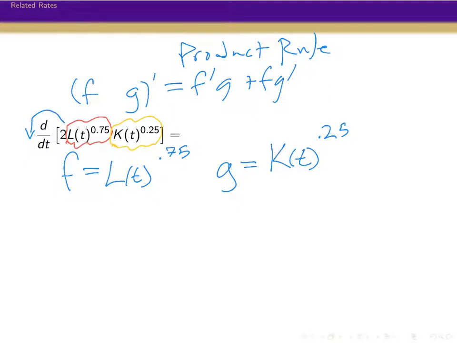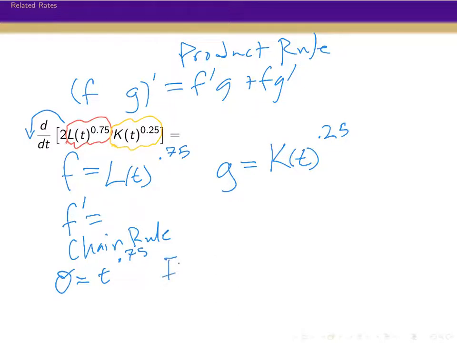So when we're thinking about taking derivatives of both of these, we have L of t being raised to the 0.75 power. So we're going to think about this part right here using the chain rule, where my outside function is going to be, let's use t because that's the variable we're using. So it's t being raised to the 0.75 power. The inside function is L of t. Okay. Power rule here, it's just t to the power 0.75, so the 0.75 comes down.